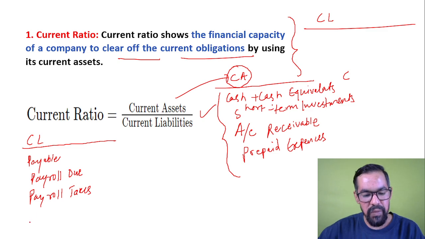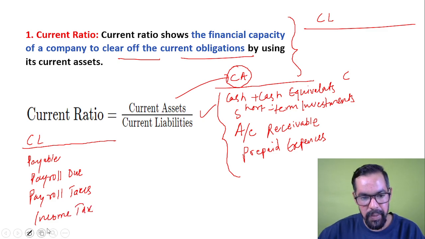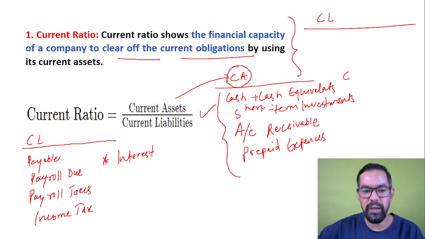We have income taxes, and we have interest as a major head, interest payable basically. And we have utility expenses.